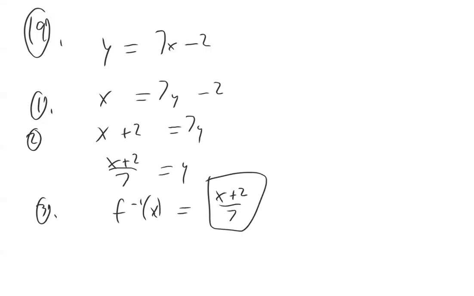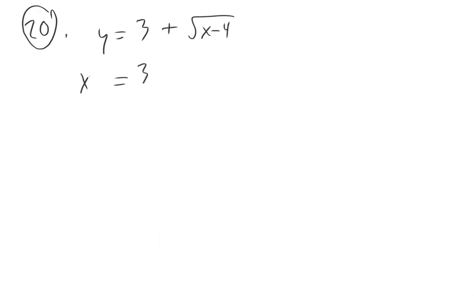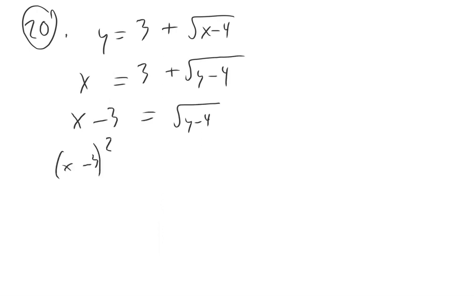Now let's try problem 20. This one says y equals 3 plus square root of x minus 4. So change the y to be an x and the x to be a y. Then move the 3 over to the other side, and then square both sides. And then add 4 to both sides.